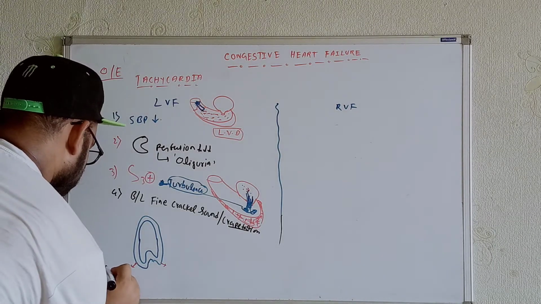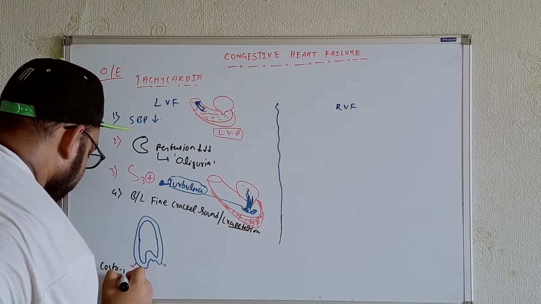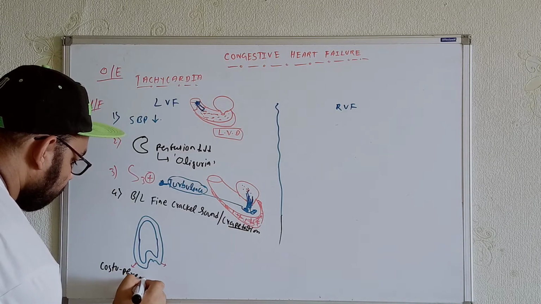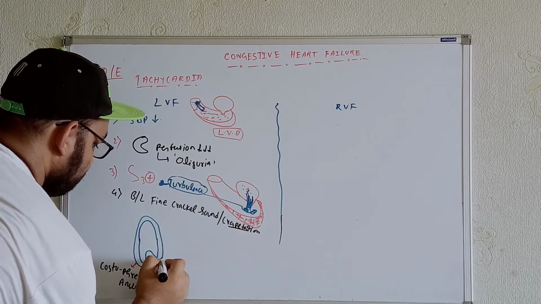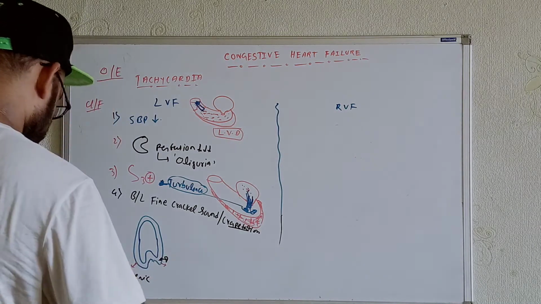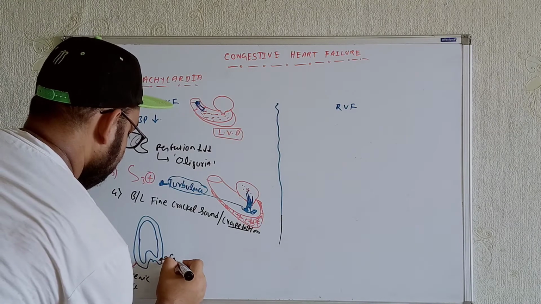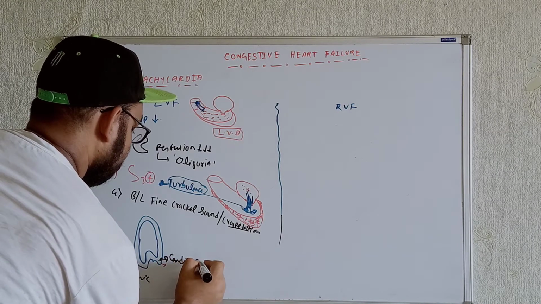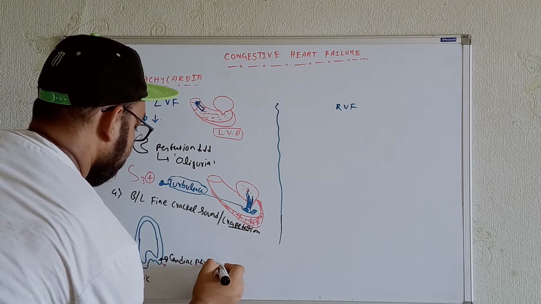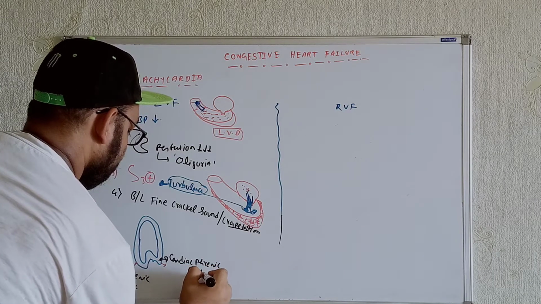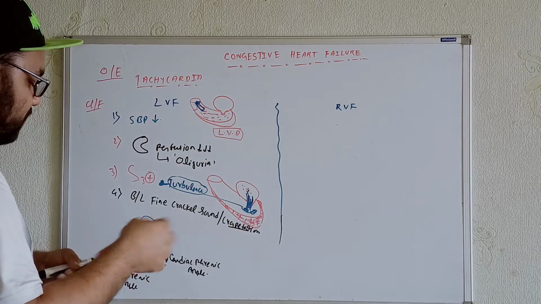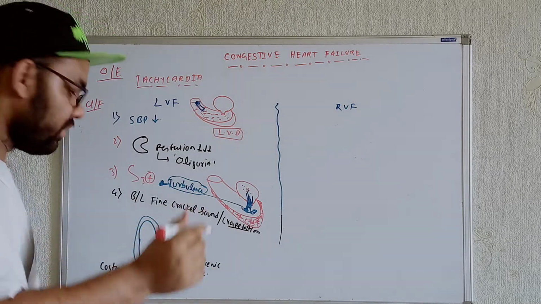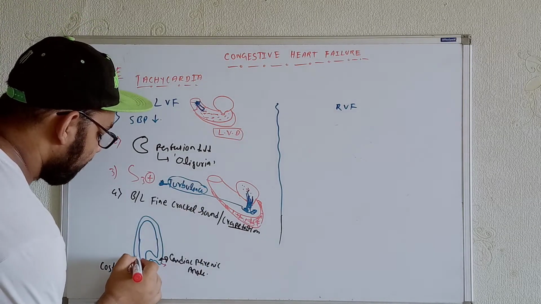This thing is known as the costophrenic angle. Okay. And this angle is known as the cardiac phrenic angle. Now try to understand: whenever blood is accumulated within the lungs, due to gravity the blood would like to get accumulated in these regions.